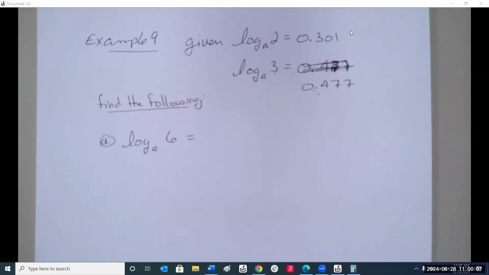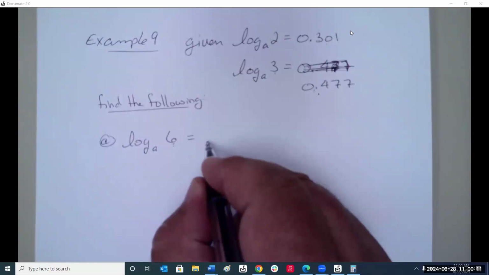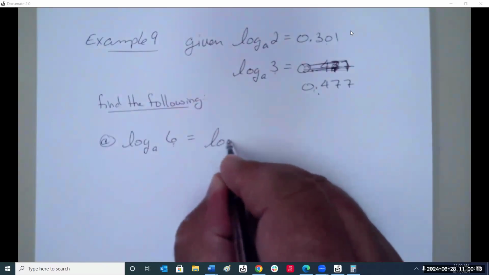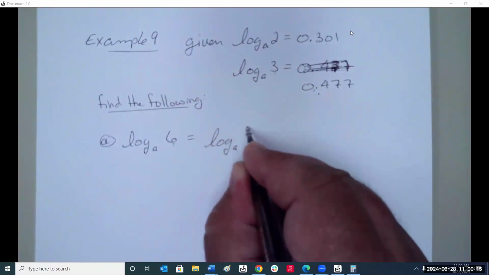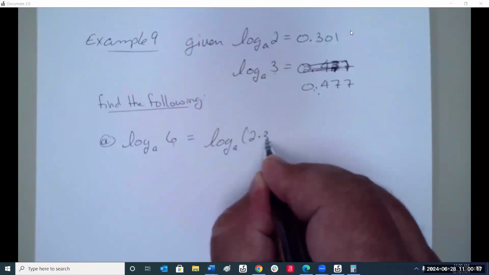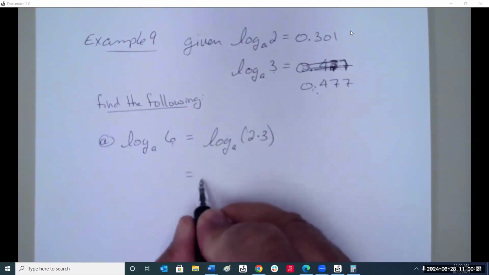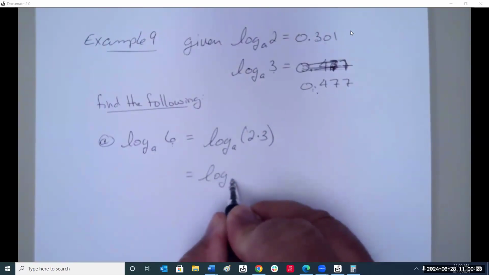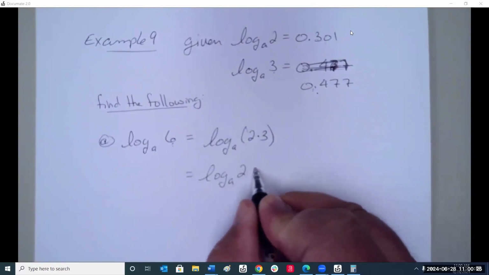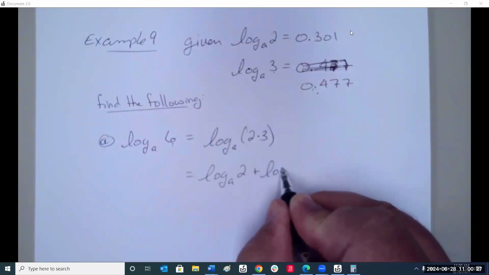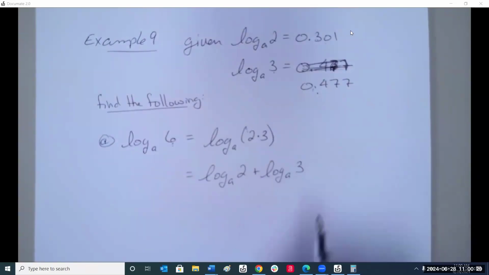Do we know anything that we can do with 6? What is 6 made up of? It's made up of 2 times 3, which is a product. So it's log base A of 2 plus log base A of 3.